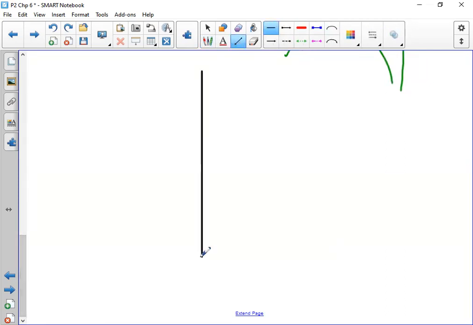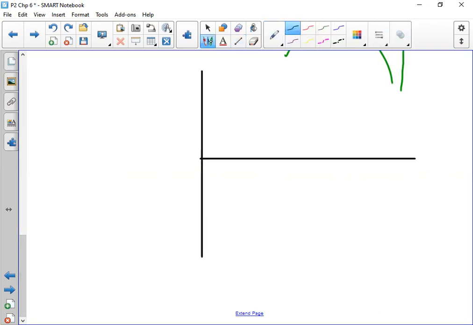So cot x graph, let's draw this out. Cot x is the same as 1 over tan x. It has a similar shape to tan x, but a different way around and a different region. So what we'll do is start with pi and 2 pi, and that will be pi over 2, 3 pi over 2.